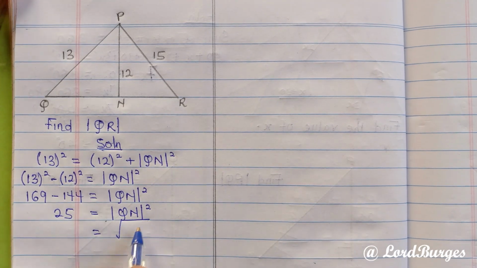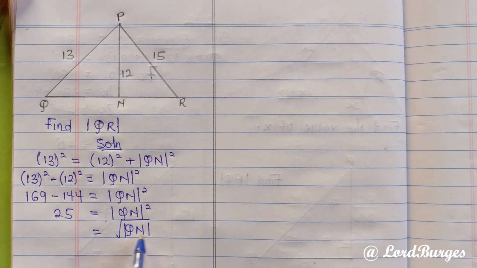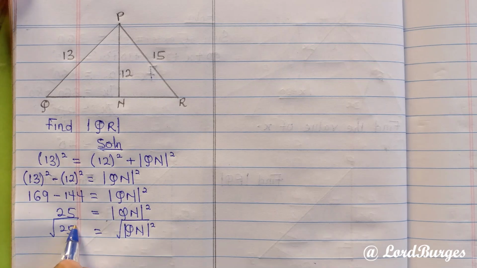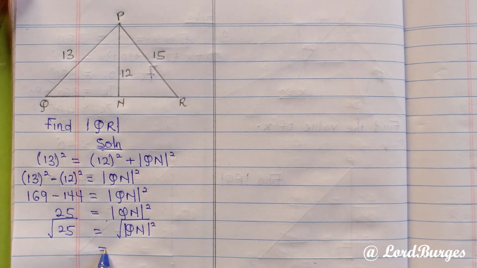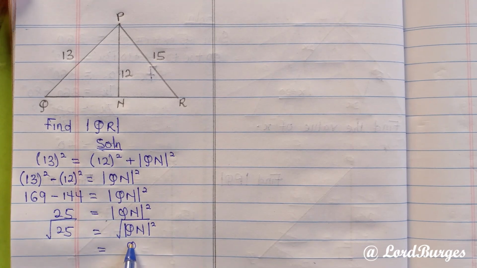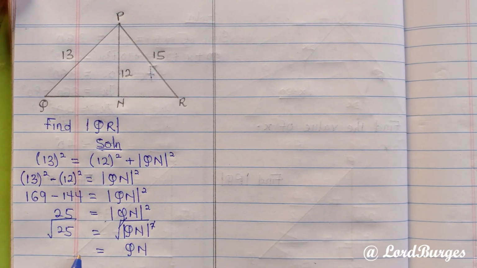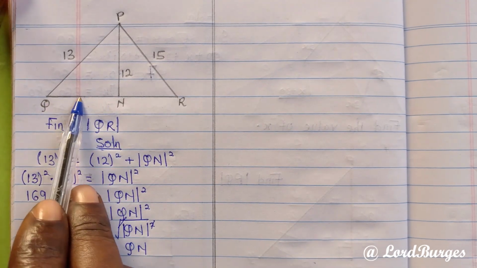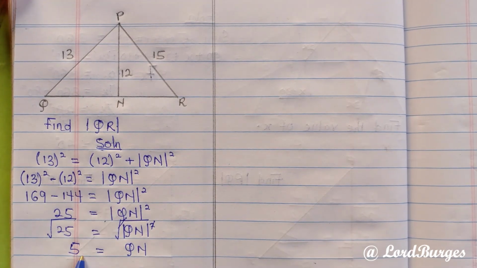I'll have to root both sides. QN squared, then the root of 25. Whatever I do to the left hand side, I do same to the right hand side. So finally, my QN, because square will cancel root, will be equal to 5. So I know QN, which is the base of this triangle, is 5.